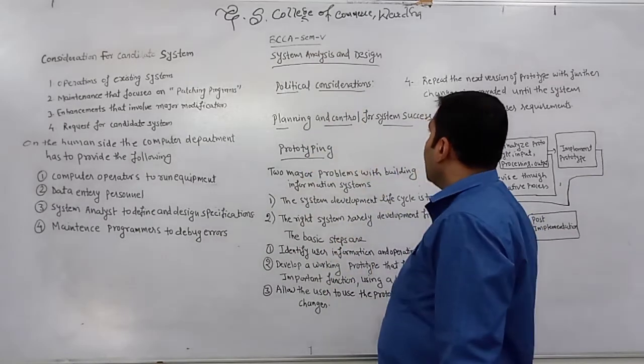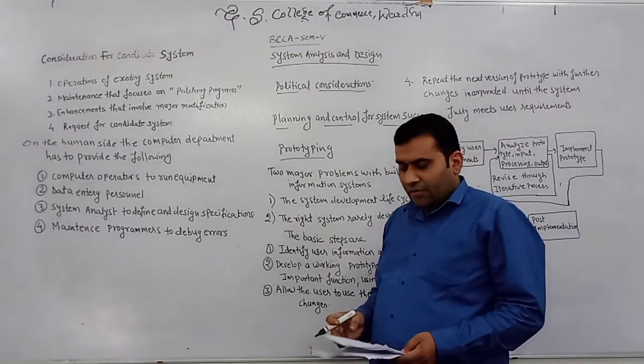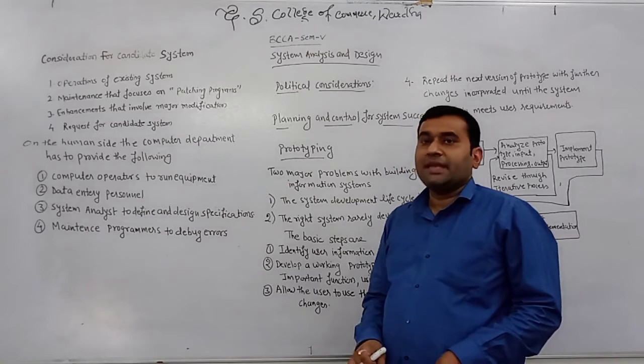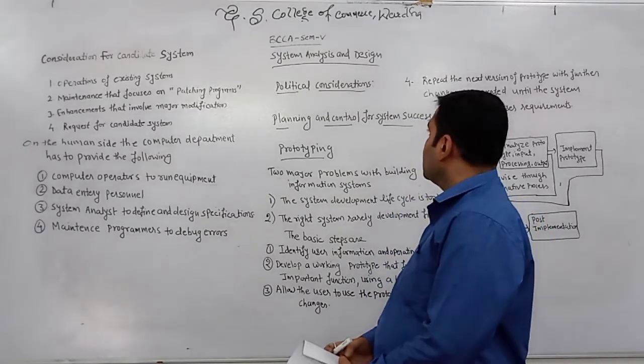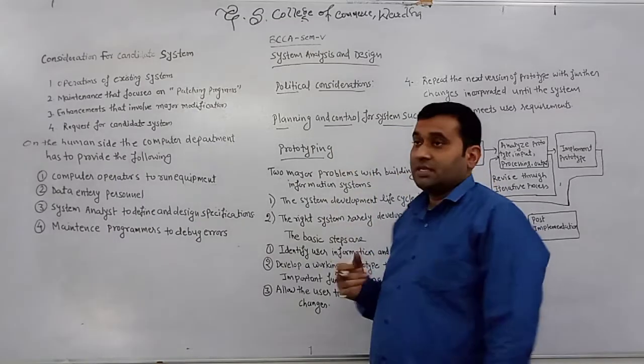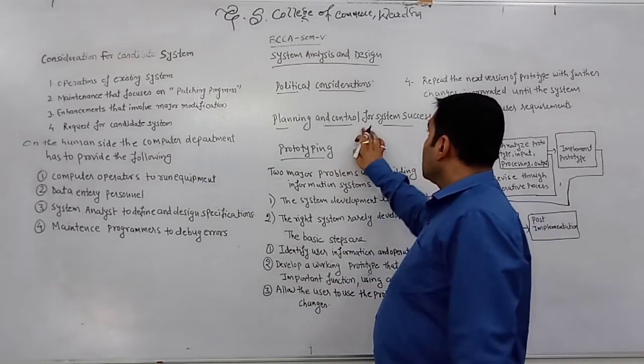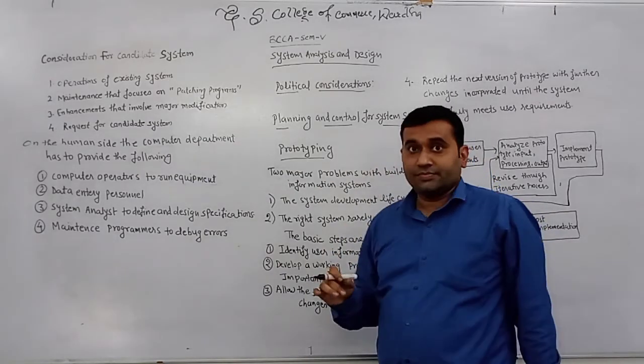Next is planning and control for system success. Planning is necessary every time for developing a new system, and control for system success.